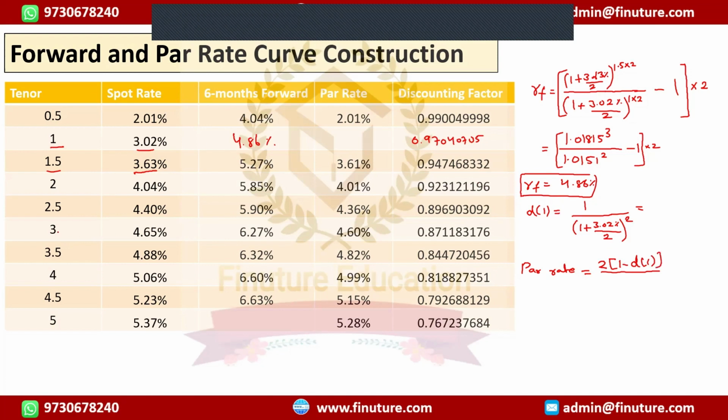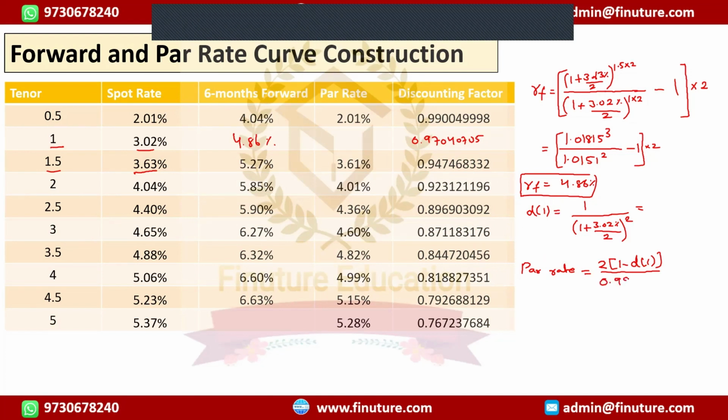For example, if you were to derive the 3 year par rate, it would be 1 minus D3, and in the denominator, you will have the sum of all the discounting factors before that maturity. For this one, we just have 0.99 plus 0.97. If this had been 3 year, all these discounting factors would have been added. I'll show you that in Excel.